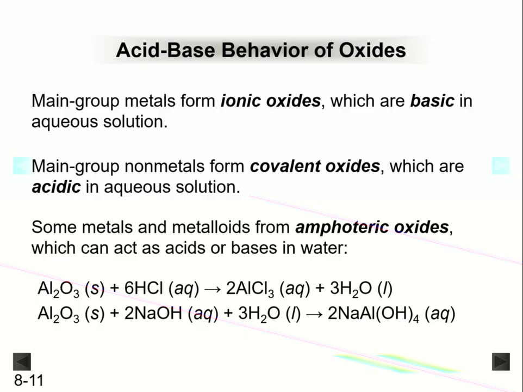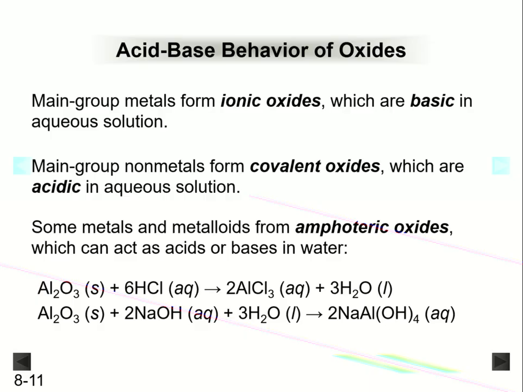So nitrogen oxide, N2O5, reacts with water to form nitric acid. Cl2O7, dichlorine heptoxide, dissolves in water to form perchloric acid. Sulfur trioxide, SO3, it's a nonmetal, it's a covalent oxide. It dissolves in water to form sulfuric acid.